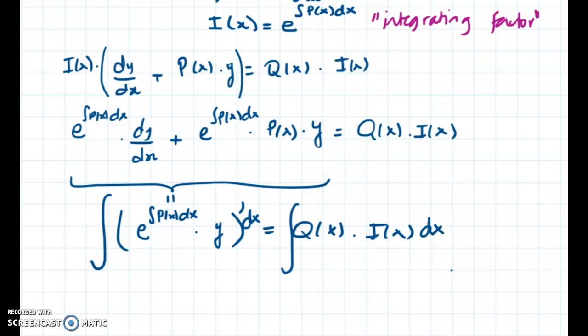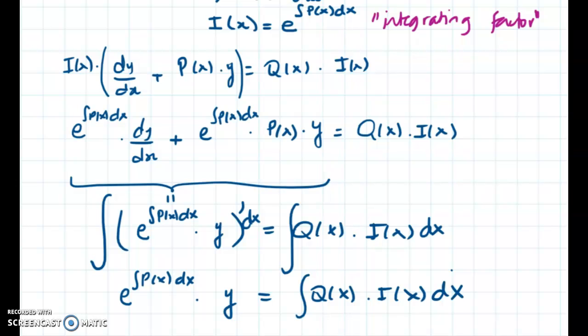So on the left-hand side, we have the derivative with respect to x and then the antiderivative. So that's like not doing anything. So what we have is the integrating factor times y is equal to some integral that we hope we would be able to find. If we are able to find that antiderivative on the right-hand side, then we can isolate y and we'll be done solving our differential equation.